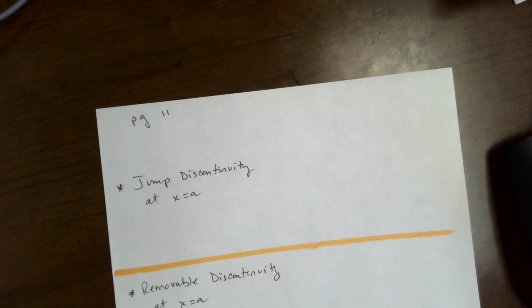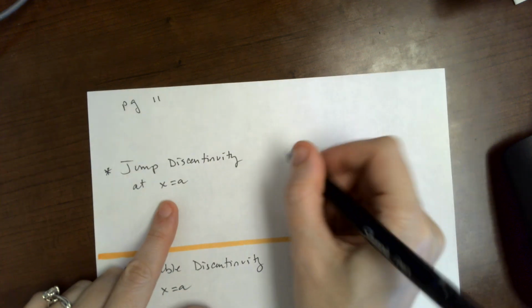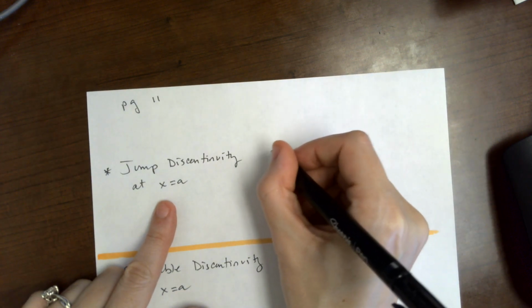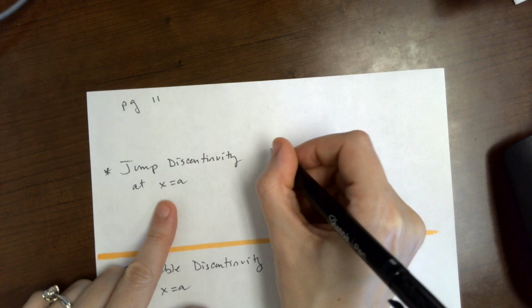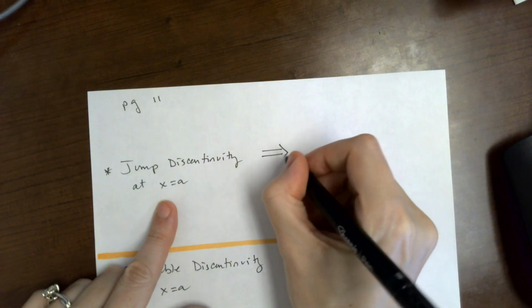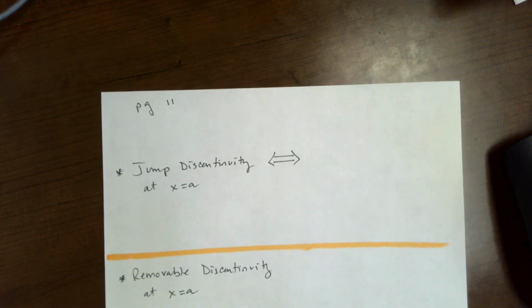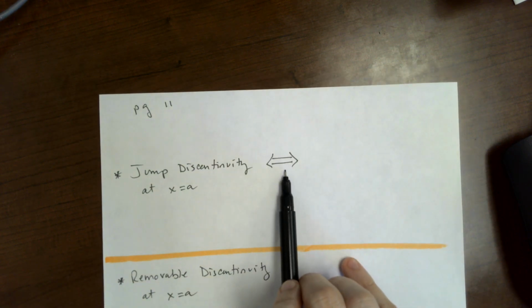Guys, a jump discontinuity is going to happen, and we could do a biconditional here. A lot of times you'll have 2 lines like that and then arrows, and that's usually how they will write a biconditional when you're writing.